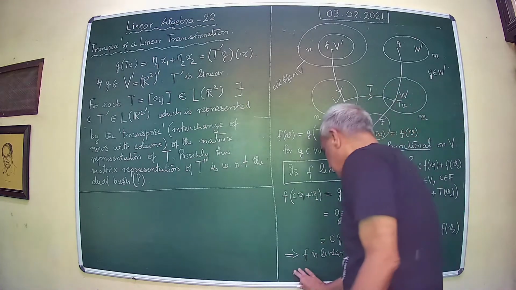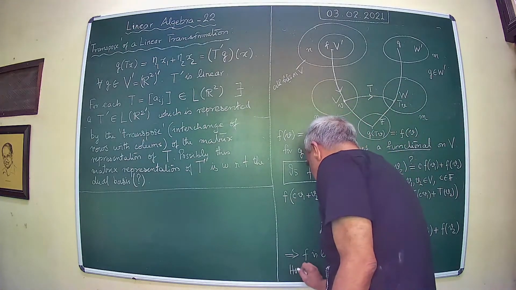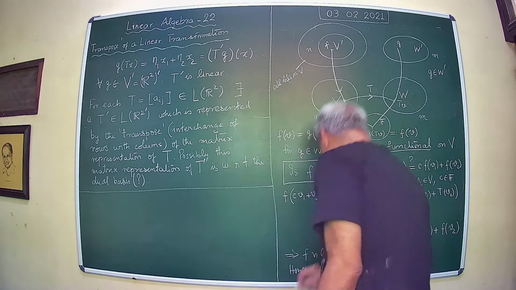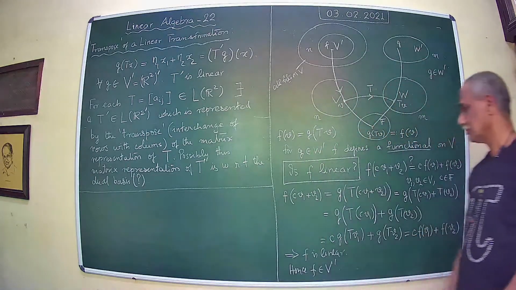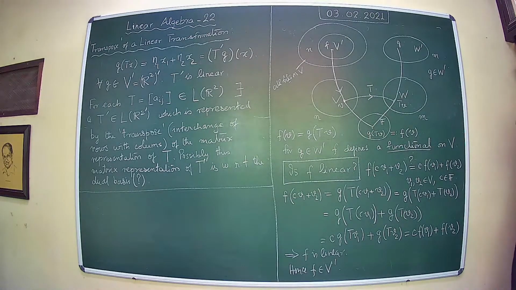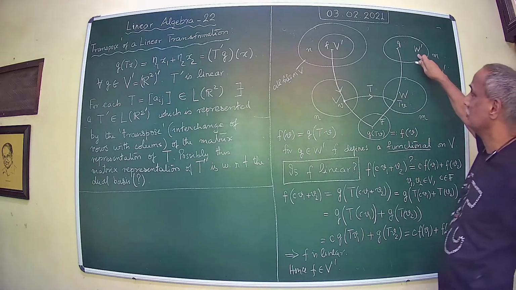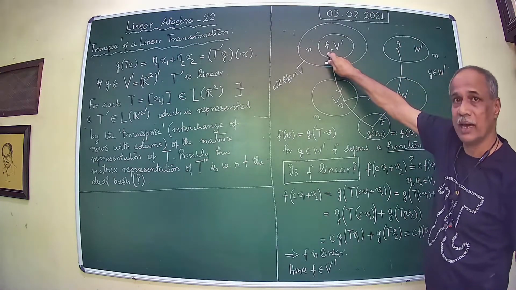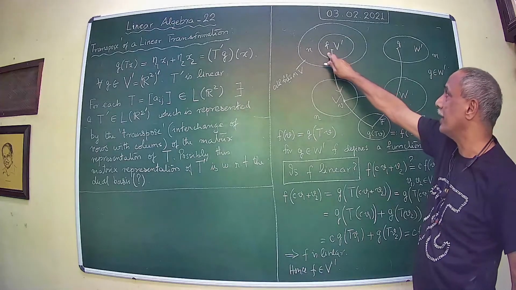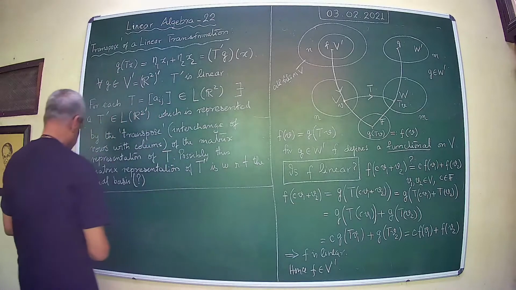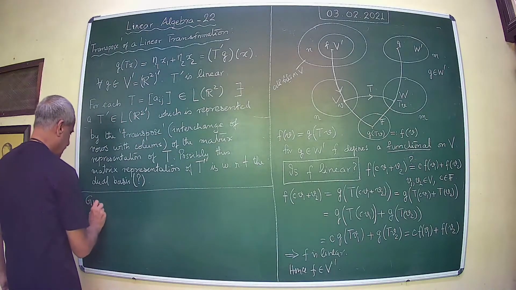Hence, E prime. Okay. So, corresponding to G belonging to W prime, there exists a uniquely determined F belonging to V prime. Therefore, V1.